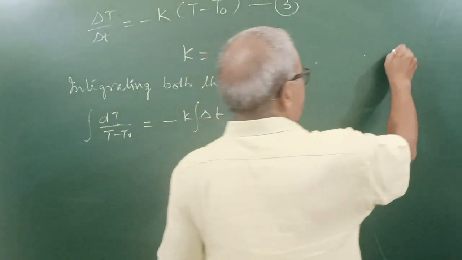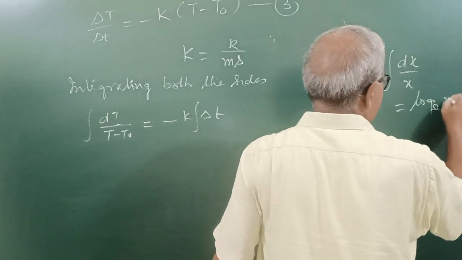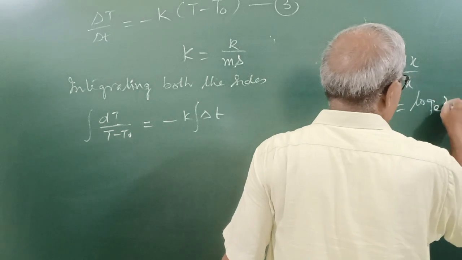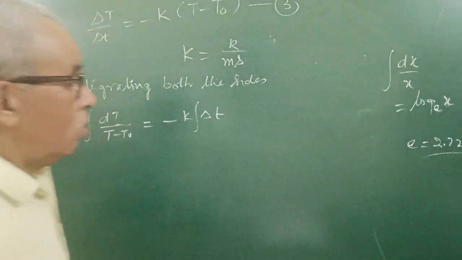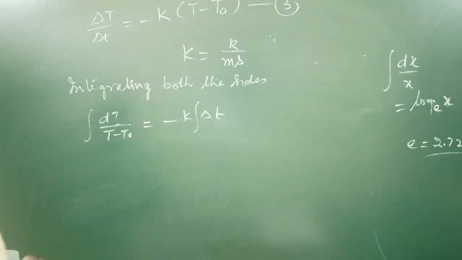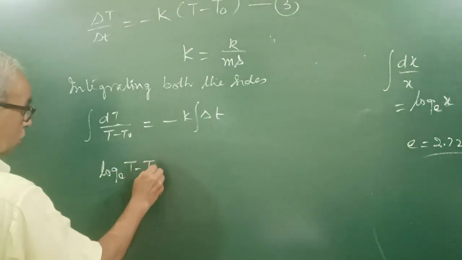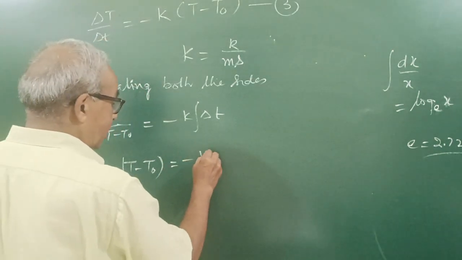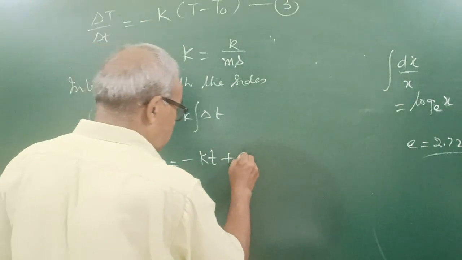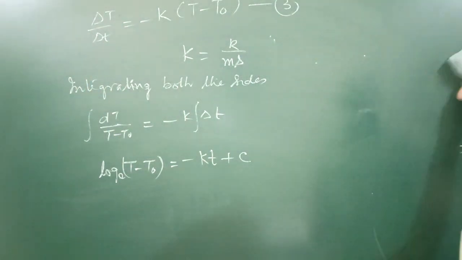There is a formula of integration, dx upon x is equal to log base e x. e is the exponential series, the value of which I have told you is 2.72. So we get log base e of T minus T0 is equal to minus kt plus c.